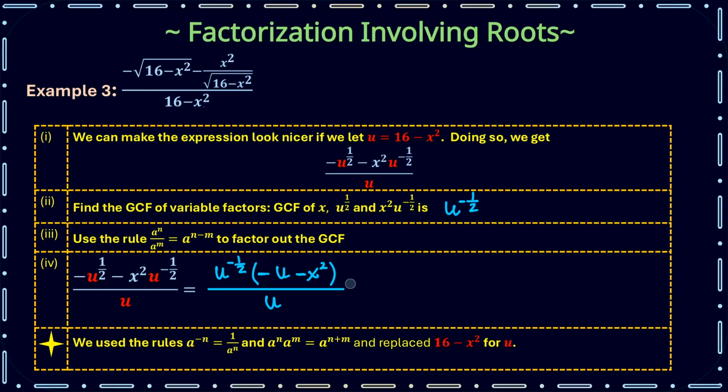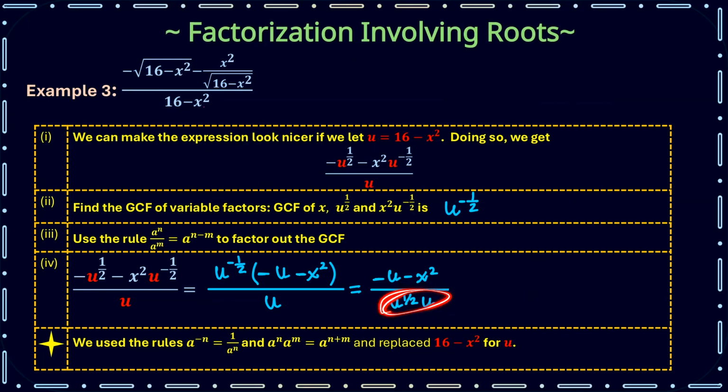So here we get u to the power of 1/2 times u, which is already in the denominator. On the top, we have negative u minus x squared. You can actually take out the negative from the numerator if you want to. And what you want to do next is to multiply these two factors.